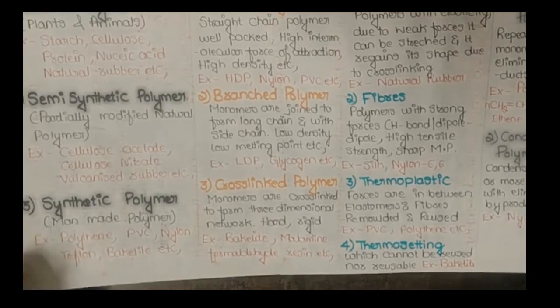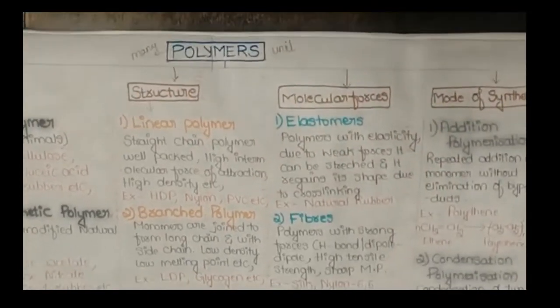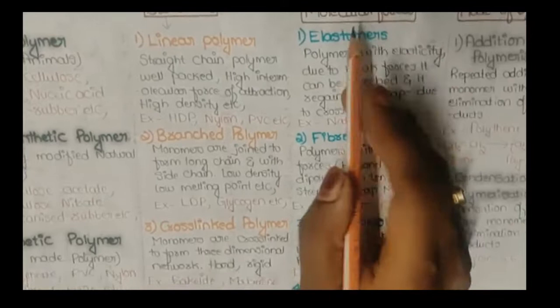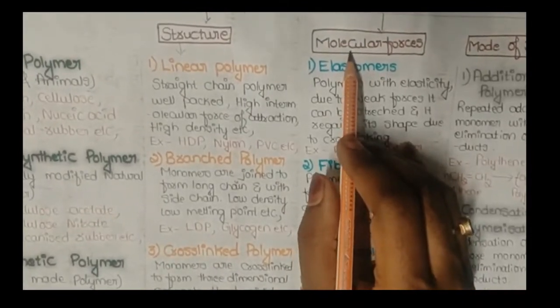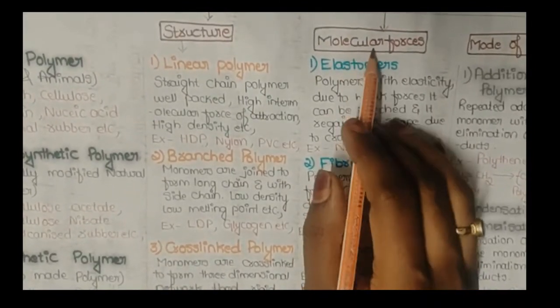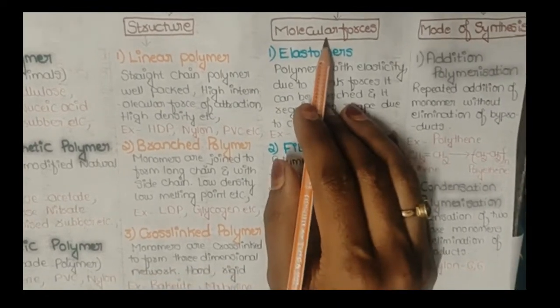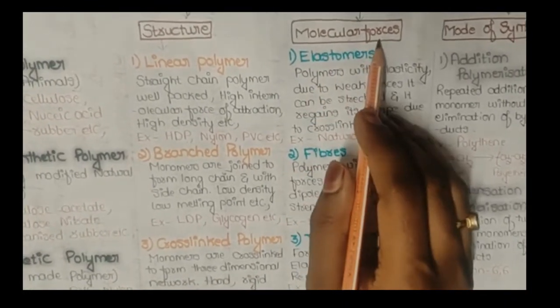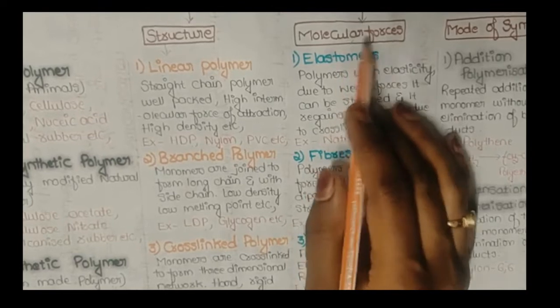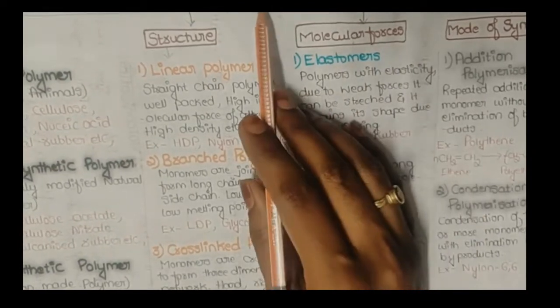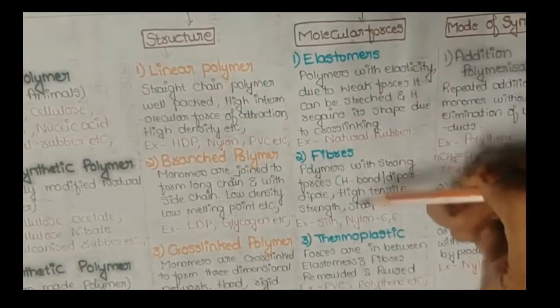Okay, so we'll move on to the next classification, which is based on intermolecular force of attractions, or to be more simple, we can also call them molecular forces. So based on molecular forces, we are classifying polymers into four categories.